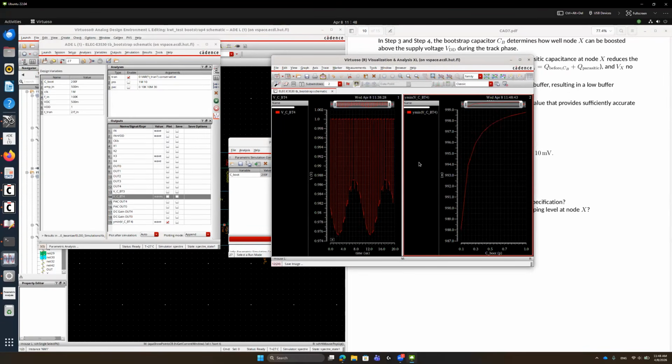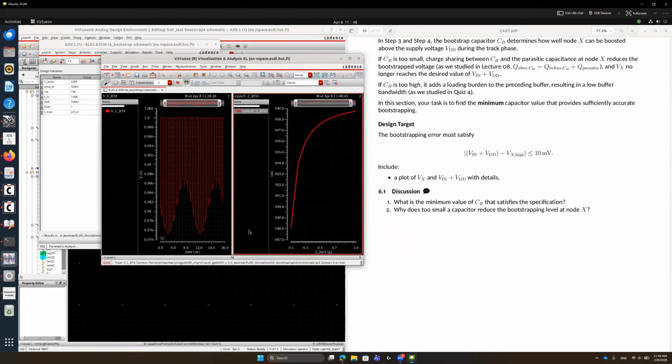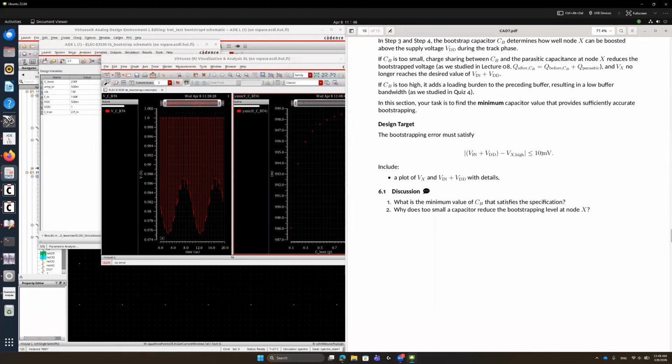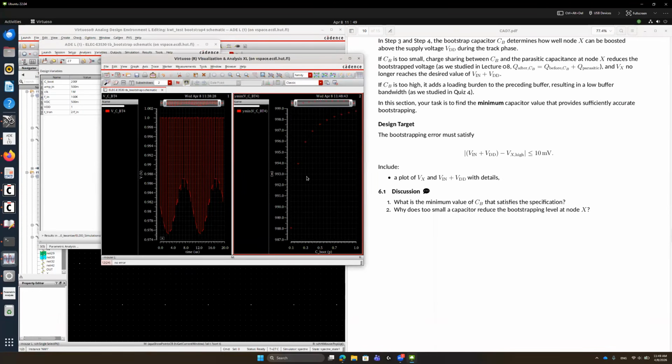Okay, so you can see that to make sure this error is within 10 millivolt, it should be as high as 990 millivolt. Yeah, we can see that it is easily measured with 993 millivolt at 200 femtofarad.